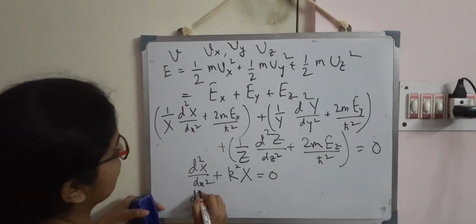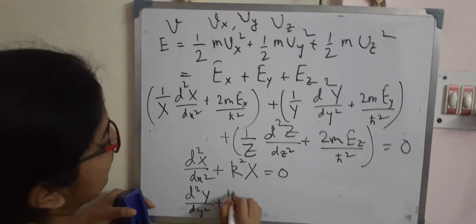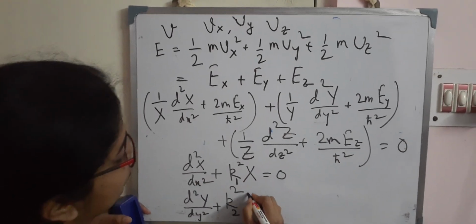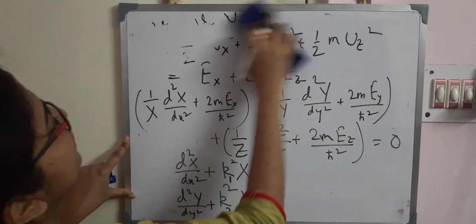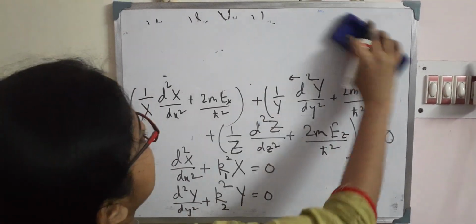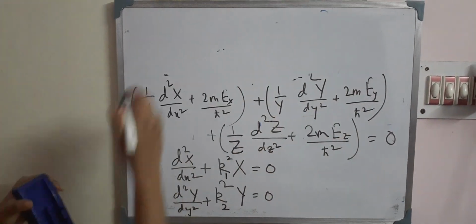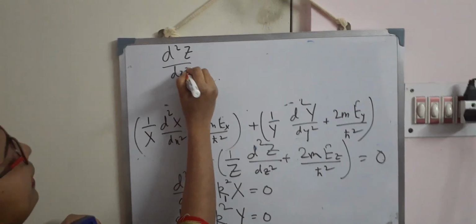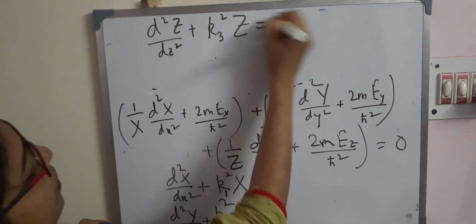Another equation is d2y dy square plus k2 square y equal to 0. And the other equation that I get is the third equation. So I get now three separate equations, one depending solely on x, another on y, another on z.